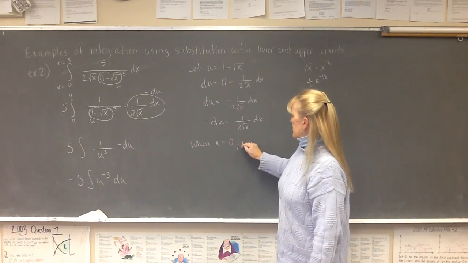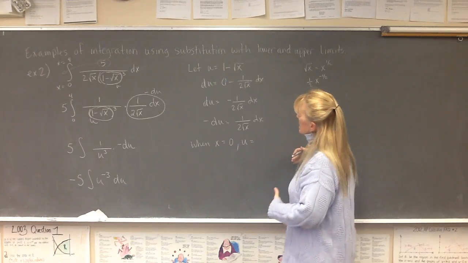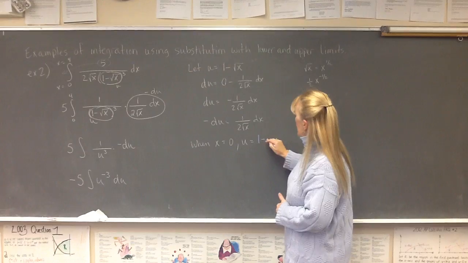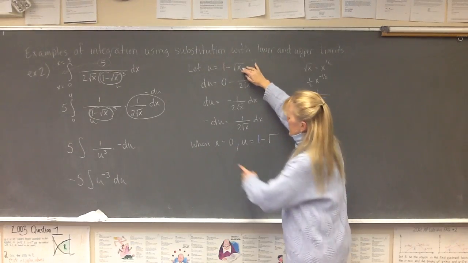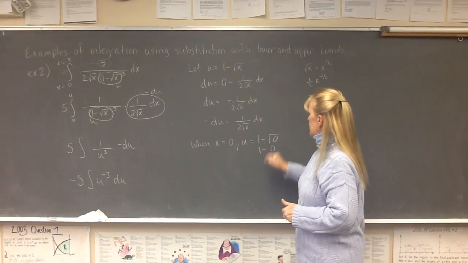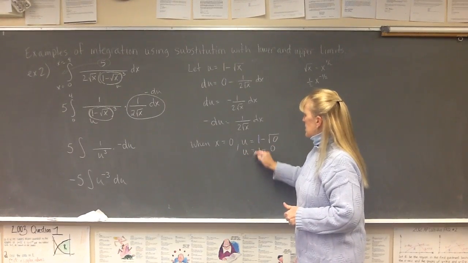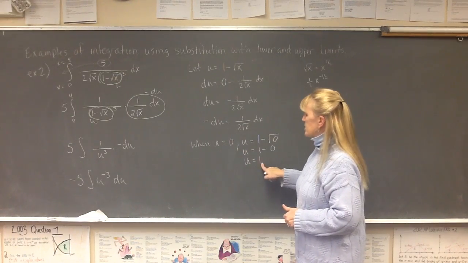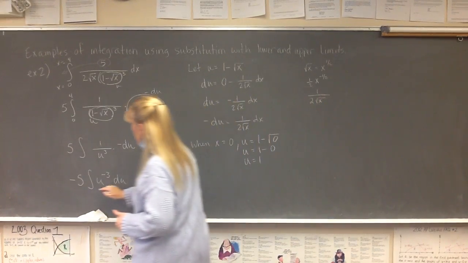When x equals 0, u equals, and then I go back up and I find my function in terms of u. So 1 minus the square root of x, and x is 0. So 1 minus the square root of 0 means 1 minus 0, which means my u is a 1. So when x is 0, I'm going to replace it with a u value of 1.